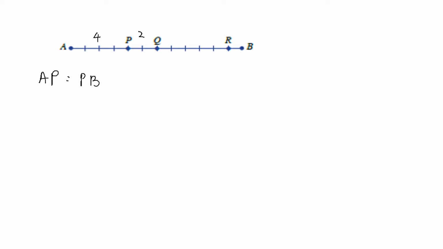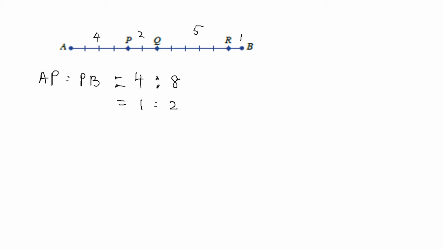Here we have 1, 2, 3, 4, 5, and lastly we have 1 here. So AP is to PB will be, we look at AP, it is 4. So 4 is to PB will be, from P to B we have 2 plus 5 plus 1, which is 8. So if we simplify, we can get 1 is to 2.